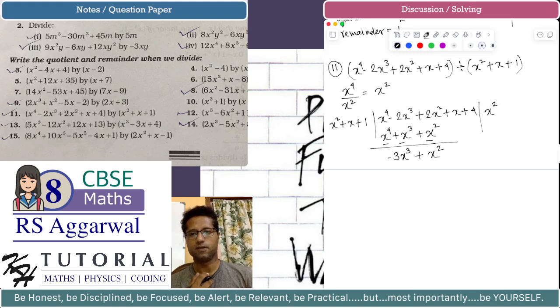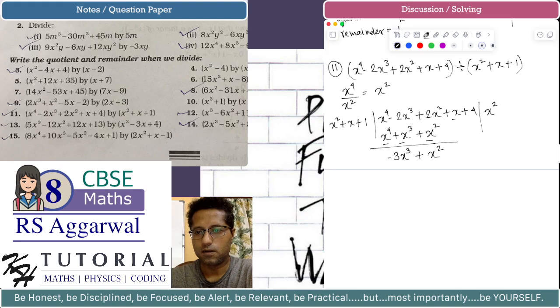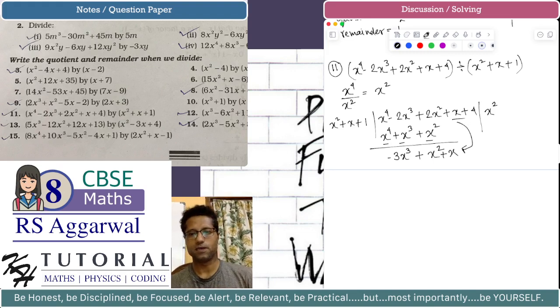Its degree is 3, which is greater than the degree of the divisor. So we will carry on with the division process. We will bring down the next term from the dividend and append it with the remainder to get the new dividend. Minus 3x cube plus x square plus x is the new dividend.